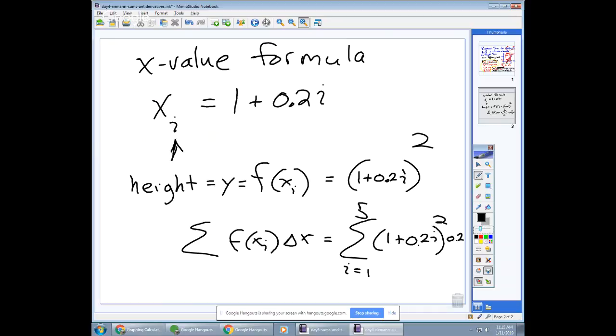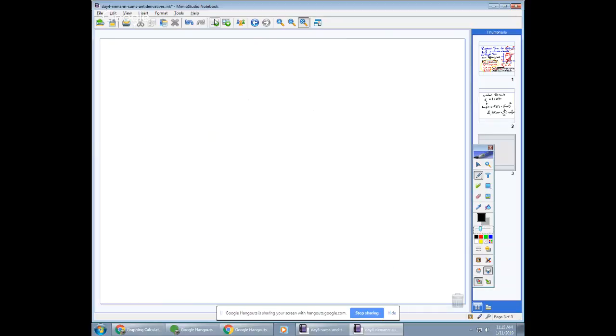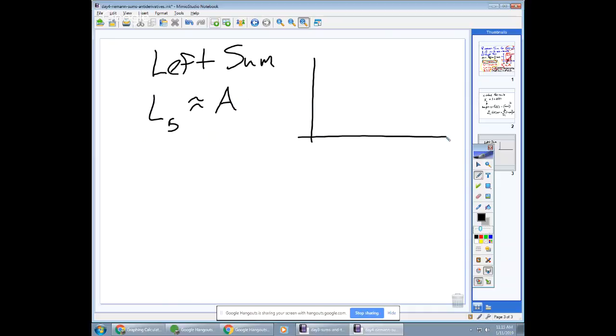So let's do a left sum, and we'll compare the two. I'll worry about typing that in the computer in a minute. So I'm doing 5 intervals, so homework will sometimes call this L5, the book calls it that too. That's an approximation for the area. And I'm going to put my sketch up here again so I can get an idea of what I'm doing.